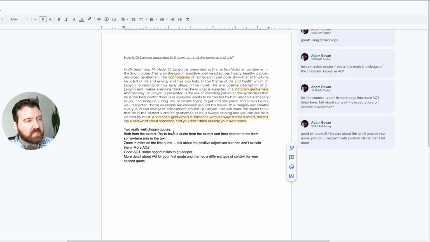So maybe for the second one, with the crowding patients, you could talk about the progression of medical science throughout the Victorian era. And you could even go a step further. You could talk about Robert Louis Stevenson himself. He was dying of tuberculosis as he wrote this novella. So there's a few links there.